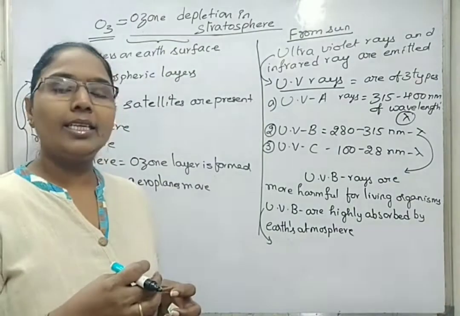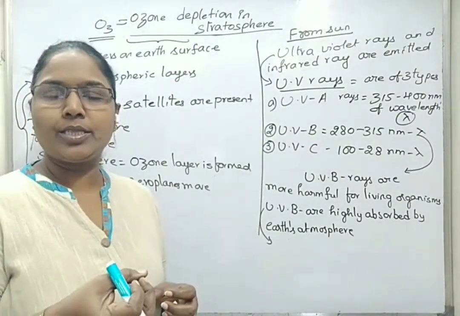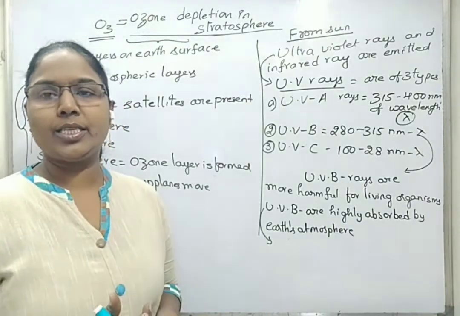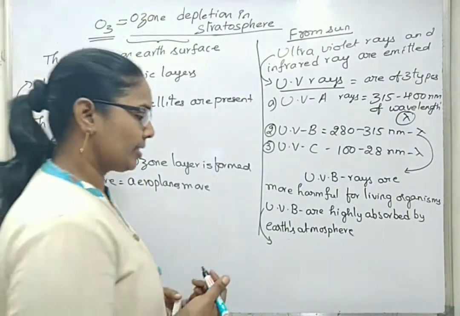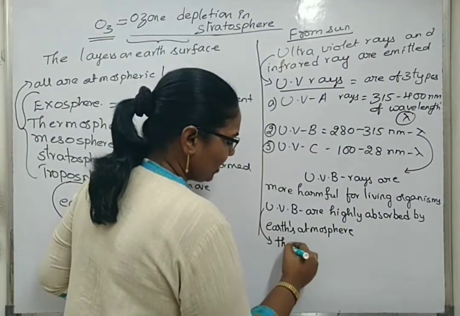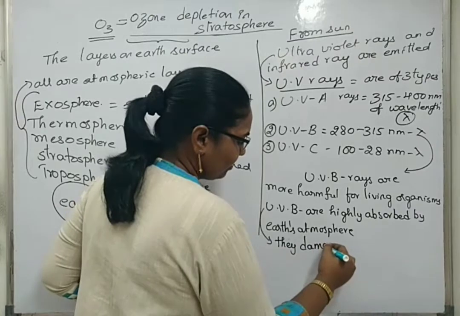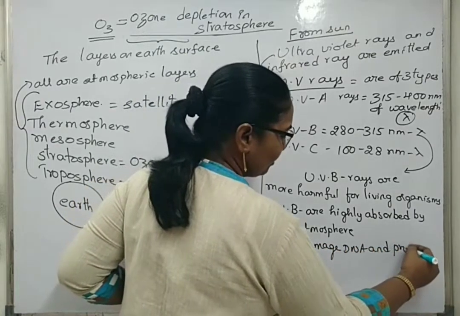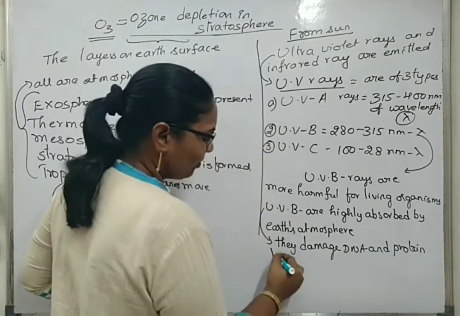And these DNA molecules are nothing but biomolecules. The bonds will be broken down, and it leads to mutations or cancer-like stages. So, they damage DNA and protein type of biomolecules.